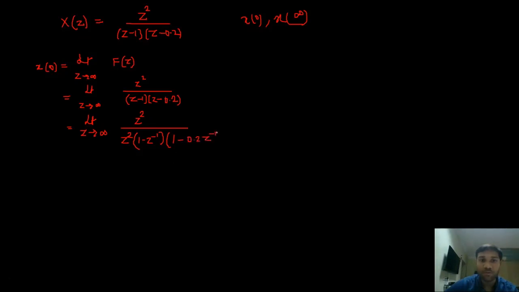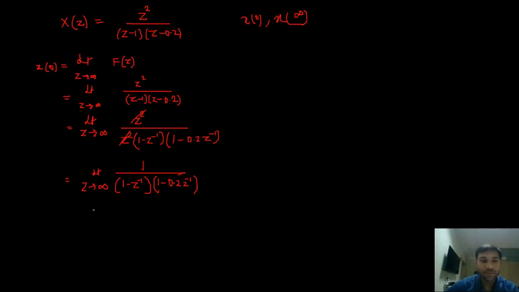Now I'll cancel z square and z square. So what do I have? I have limit z tends to infinity 1 divided by 1 minus z inverse multiplied with 1 minus 0.2 z inverse, right?